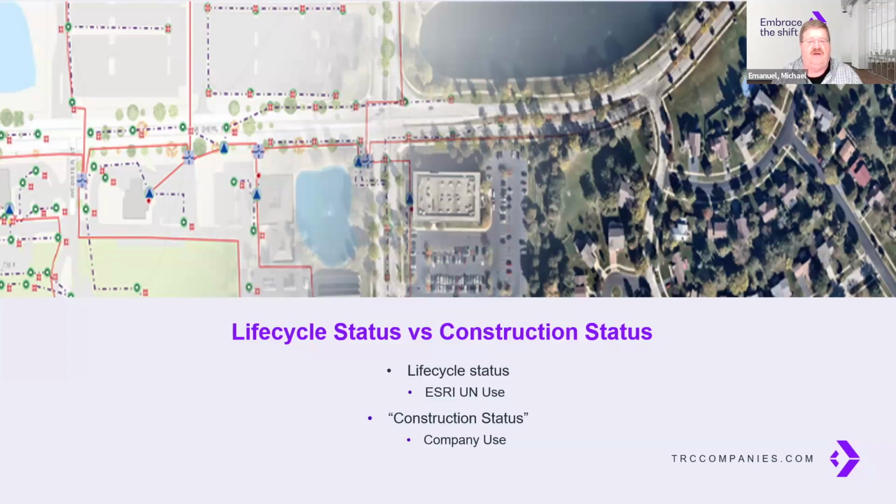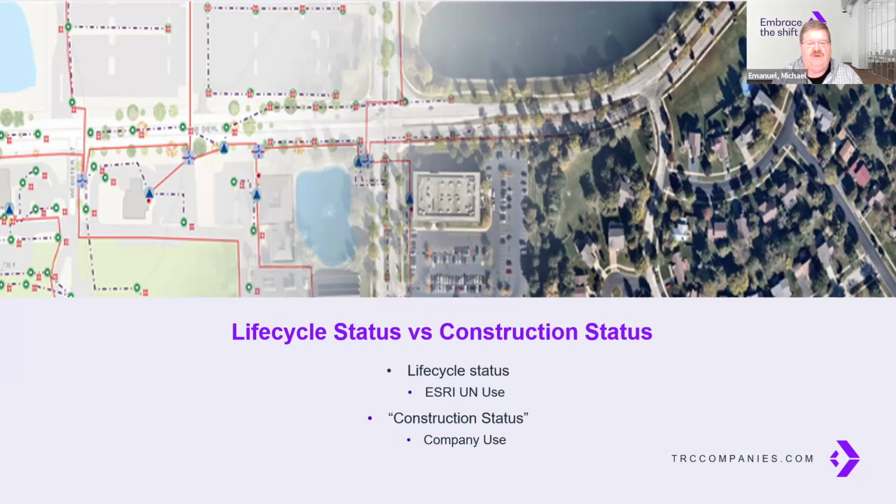There is always activity going on in your system, as well as what has changed. And there's a certain lag that occurs from the time something is actually changed in the field till it hits your GIS. And this is where adding a secondary status, in this case, we're going to use construction status, comes into play.